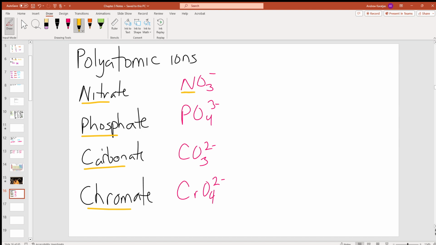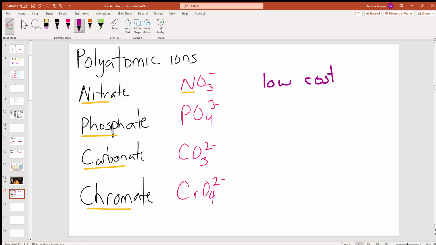So for nitrate, for example, we're going to use the phrase low cost. Why? Well, you just have to ask yourself, why do chemists like nitrates so much? They're cheaper than dayrates.